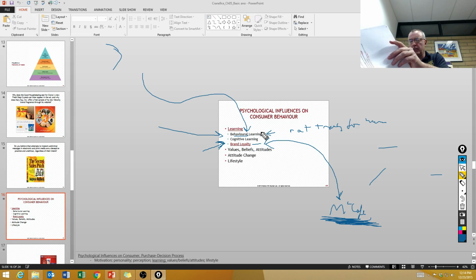Okay, so the fifth psychological influence on the consumer purchase decision process is the influence of our values, beliefs, and attitudes. Values are these enduring personal and socially preferable types of conduct. Beliefs are our subjective perception of how a product performs on different attributes.